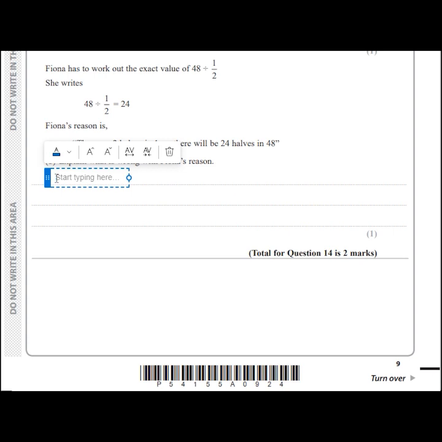So she divided by 2 when she should have multiplied by 2. The actual answer should be 48 times 2, which is equal to 96.